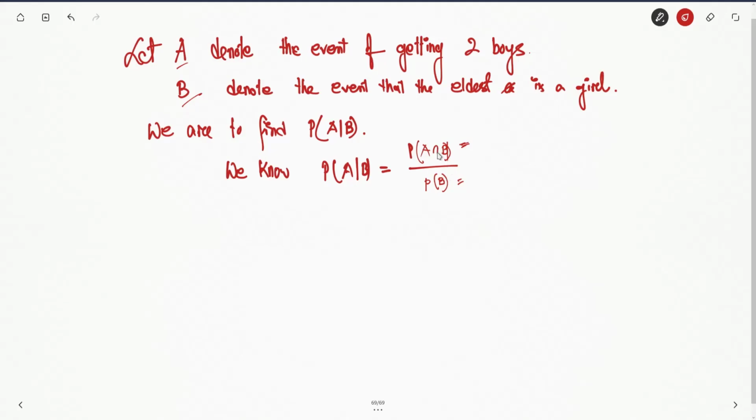So to find out probability of A intersection B and probability of B, we will have to first, like in any other probability calculation, write down the sample space. So we will write here the sample space.